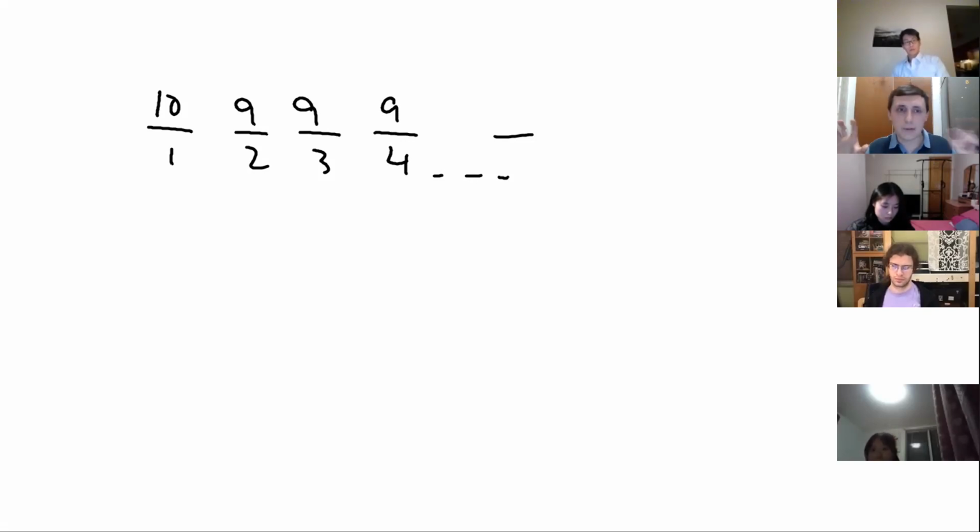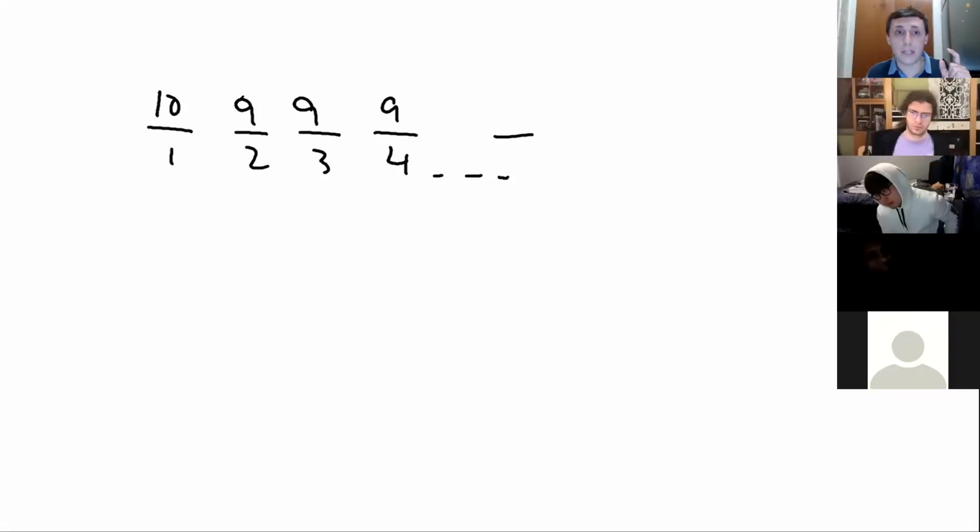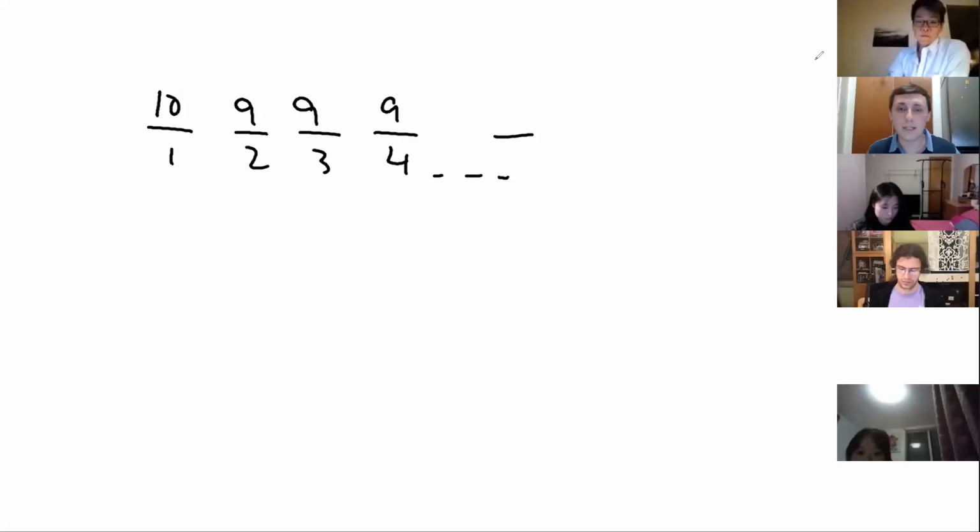You understand how it's 10 times 9 times 9 times 9? At position 3, I cannot use the restaurant from position 2, but I can use the one from position 1. So I'm always locking one restaurant where I cannot go. I hope it's clear.